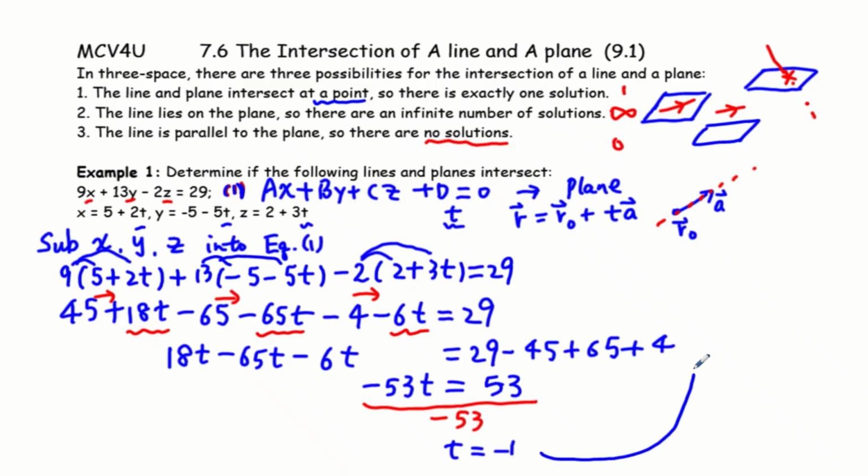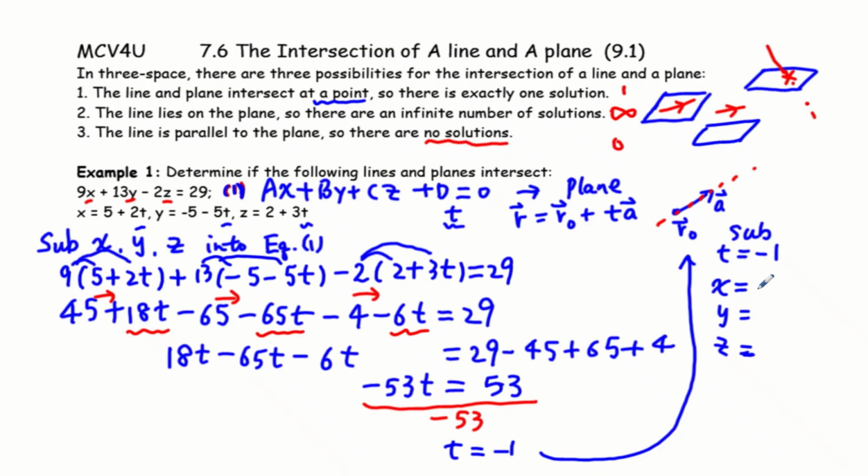And what it means, if we sub t equals negative 1 back, we are able to find the point of intersection. So the question didn't ask you, but I want to show you what it means. So sub t equals negative 1 back into x, y, z. Because t exists, then we have x, y, z exist.